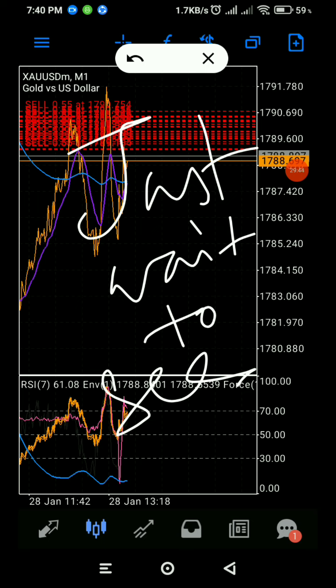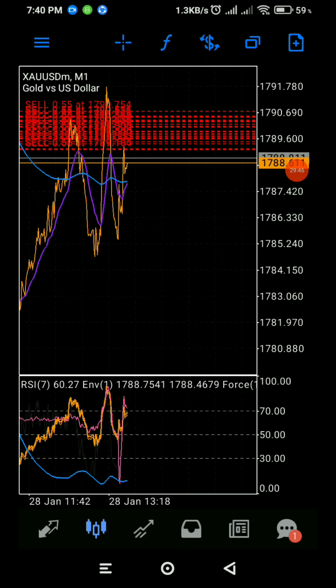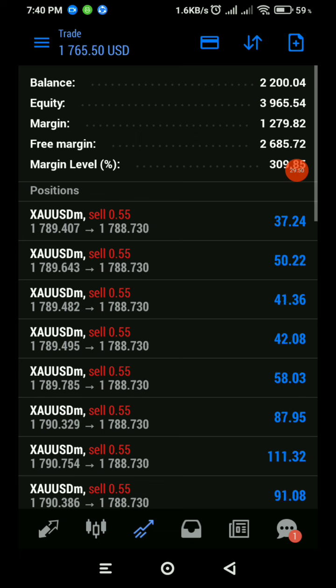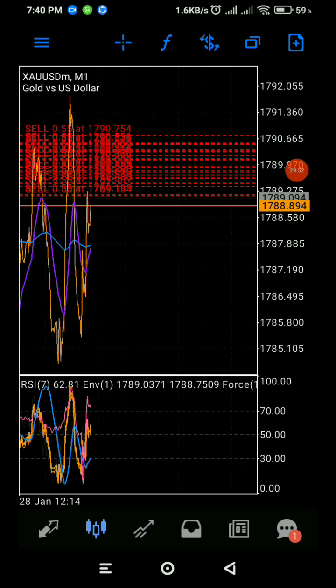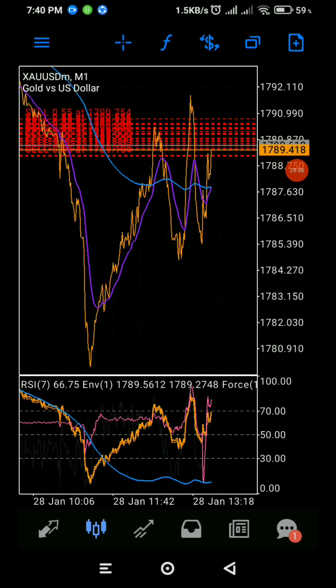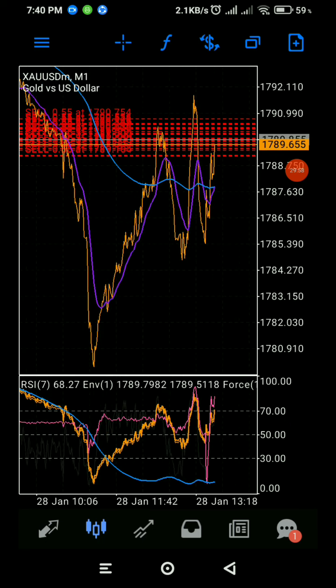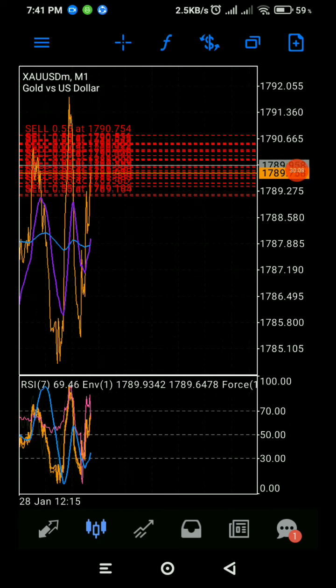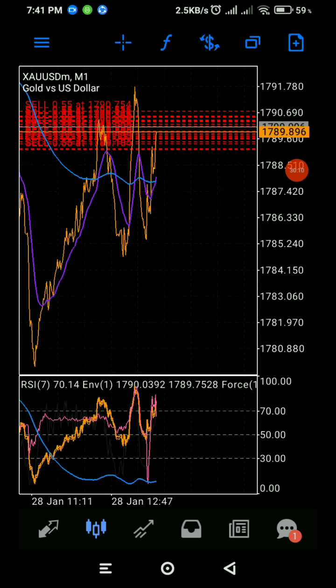So it's looking good here, and price is now coming upward and is not going to go much further than the key area, the area of confluence. And I'm just waiting to see a great fall from this level.